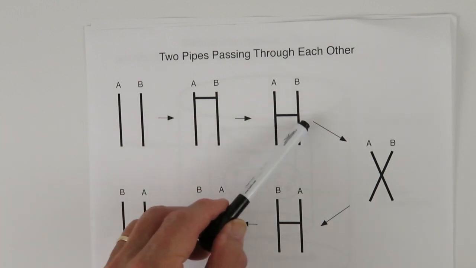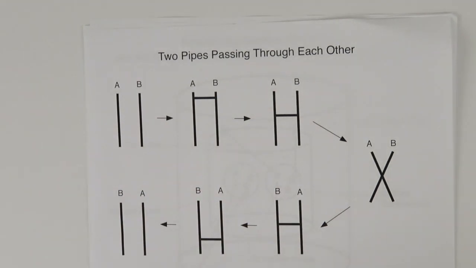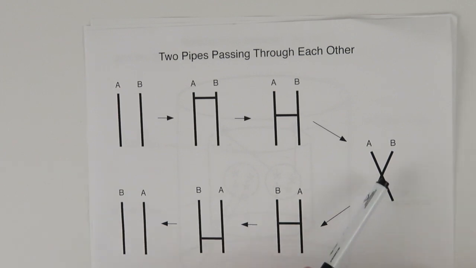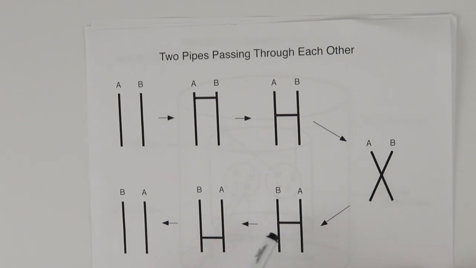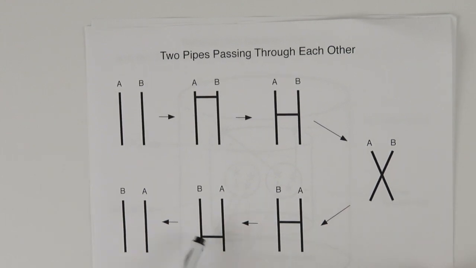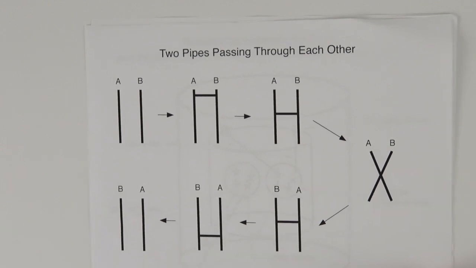And then the toroidal hole could shrink into a contact of the two pipes, shown here, and then this is the transition point, and then the two pipes could re-emerge, but here A would be on the right of B, and then the pipe would go away, and now you'd have two pipes that have passed through each other.